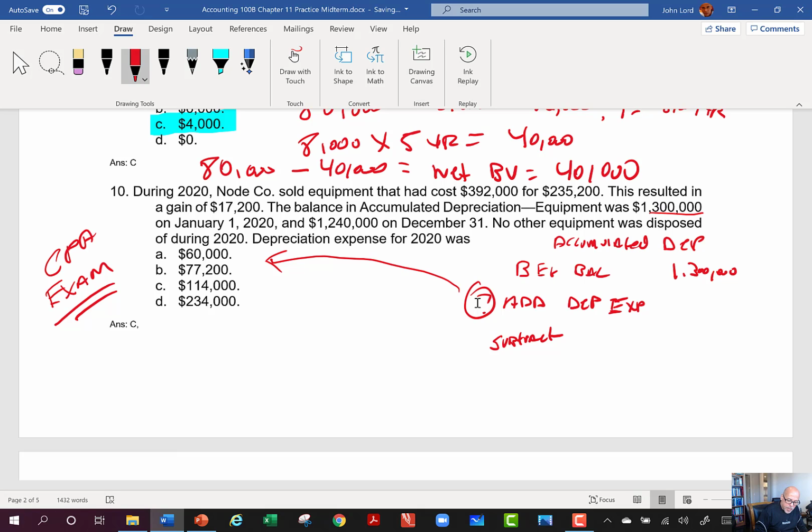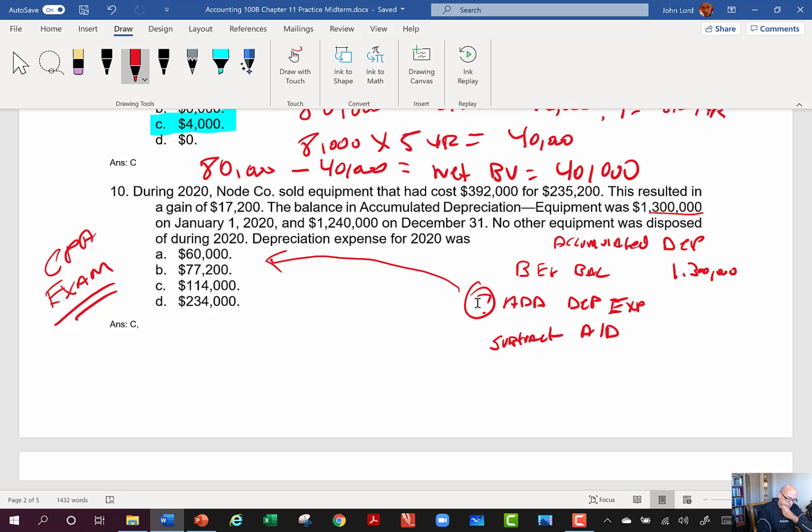So I'm going to subtract whatever the accumulated depreciation was for the asset that got sold. When I sell an asset, I credit the asset account, I debit the accumulated depreciation. If I'm selling it for cash, which I probably will, there's a debit to cash, and then the corresponding debit or credit for the gain or loss.